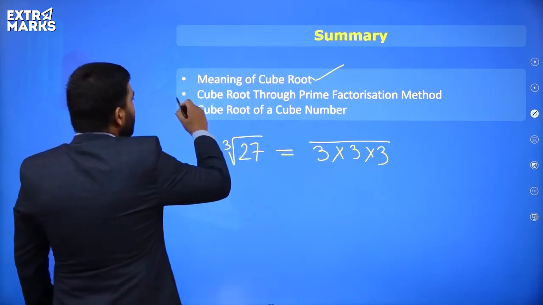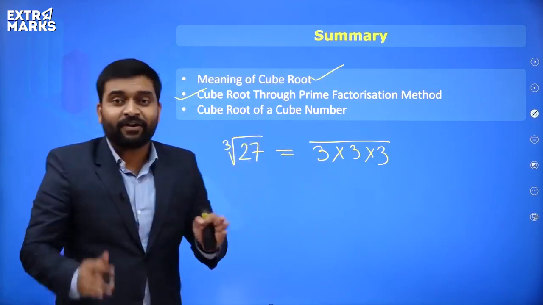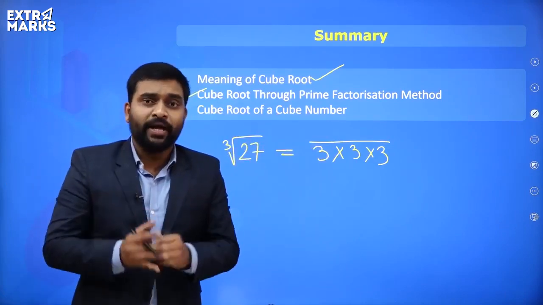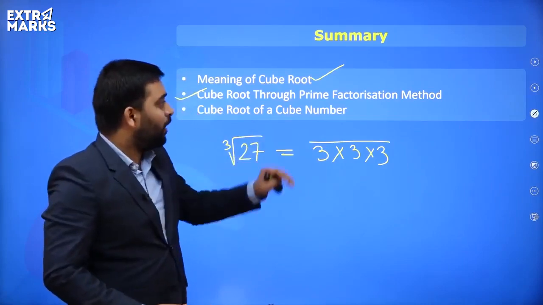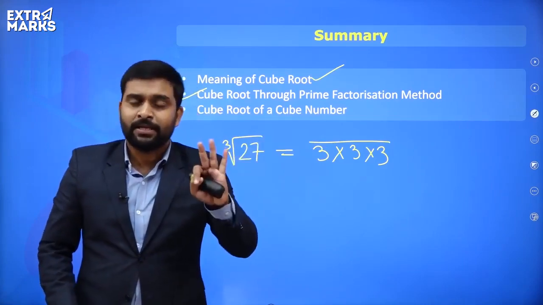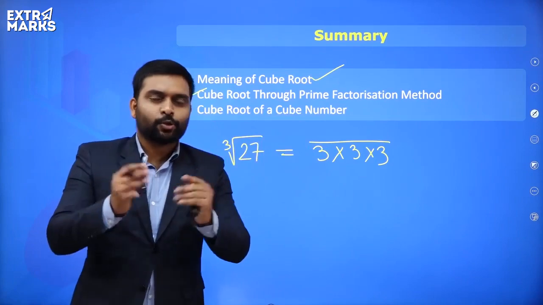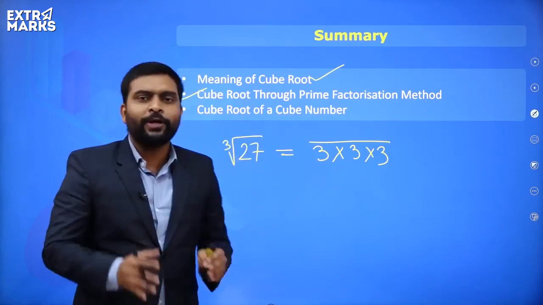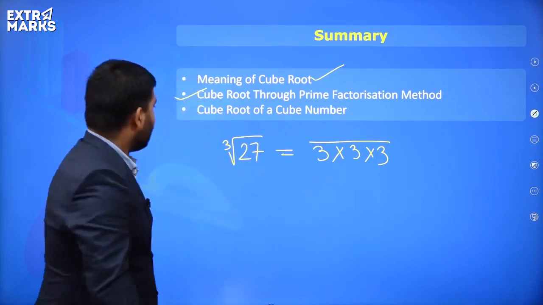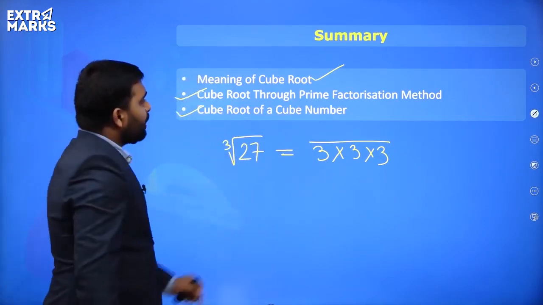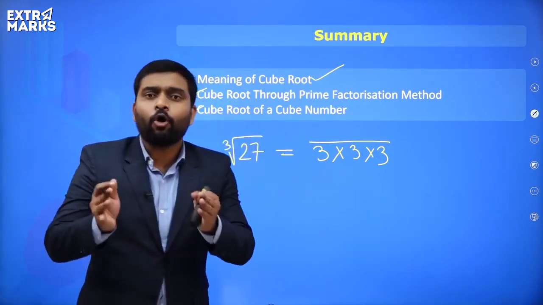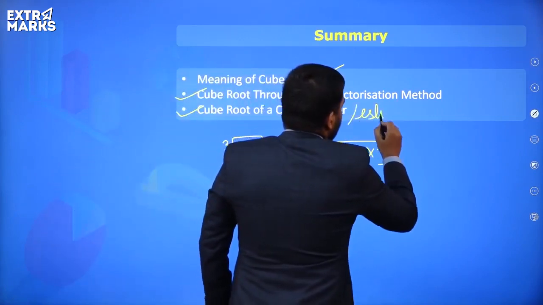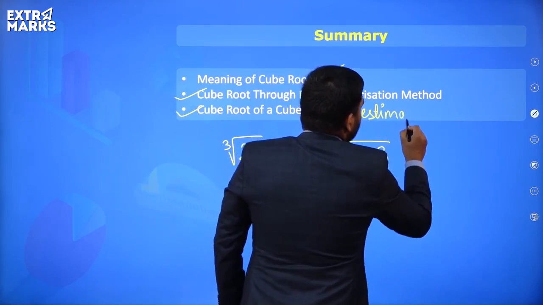Then I told you the cube root through the prime factorization method. It is exactly similar to the square root, but over here we do the pairing of 3 numbers. That is the only difference. In square root, we were doing the pairing of 2 numbers, but in cube root, we do the pairing of 3 numbers. Then we did the cube root of a cube number by estimation.